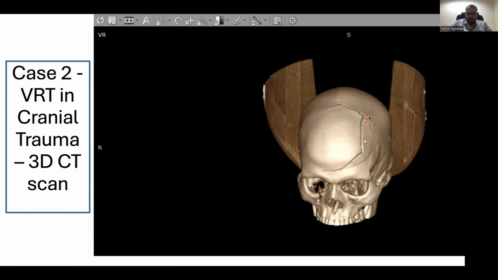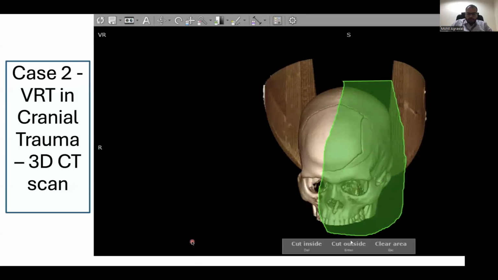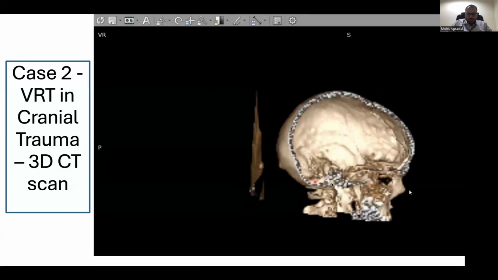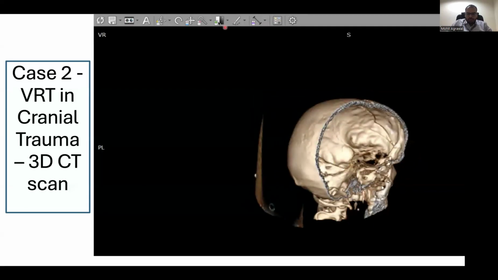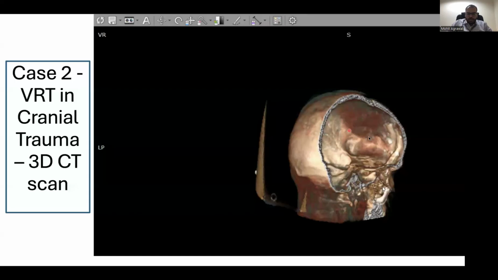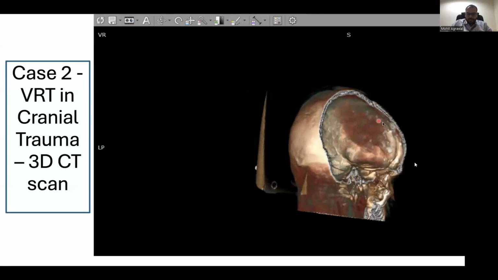You can exactly make out the extent of the fracture, its relationship to the coronal suture, and then again, once you cut the images and use this windowing tool, you can make out the exact extent of the extradural hematoma, its relationship from the inside to the coronal suture, whether it is extending to the orbital base or not.